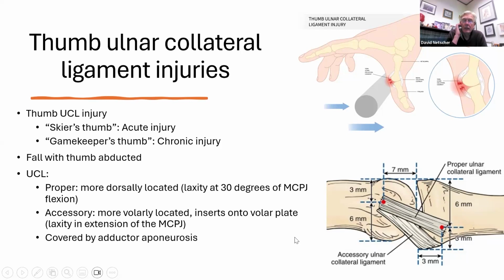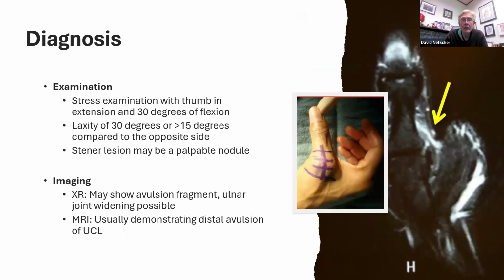So it's important to test for stability and to test the opposite side, because there's a lot of variation in normal laxity of that MP joint of the thumb. So here you can see someone's got a clear instability, and that is very disabling. You just can't pinch, you can't grasp, because the thumb just collapses under the weight of pinching.